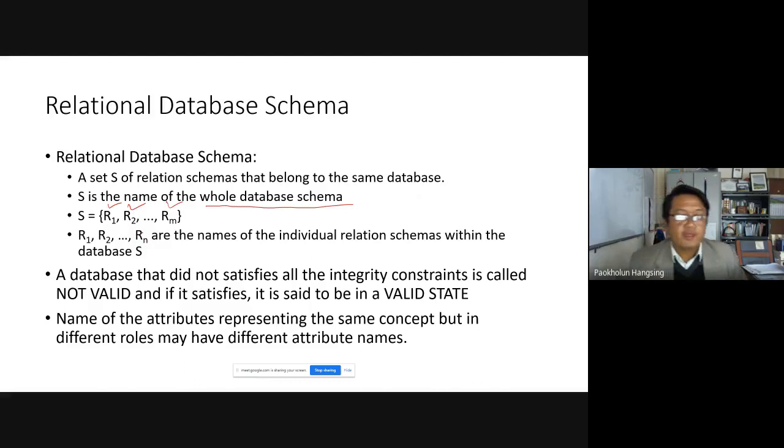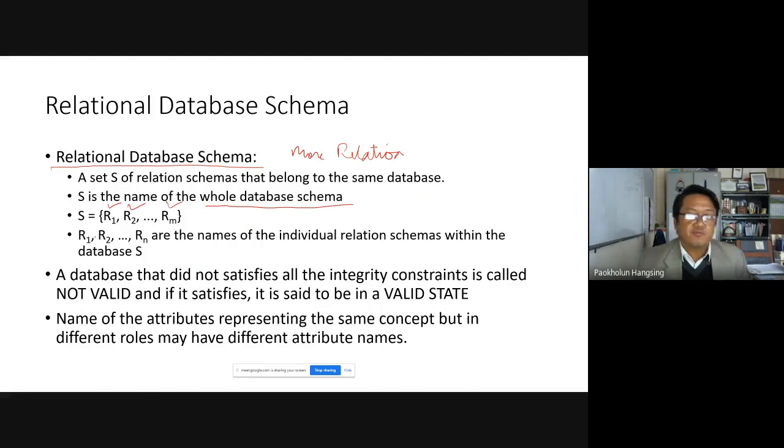So that means a relational database schema consists of more than one relation. A collection of relations, in simple words a collection of tables, can be said to be a relational database schema.